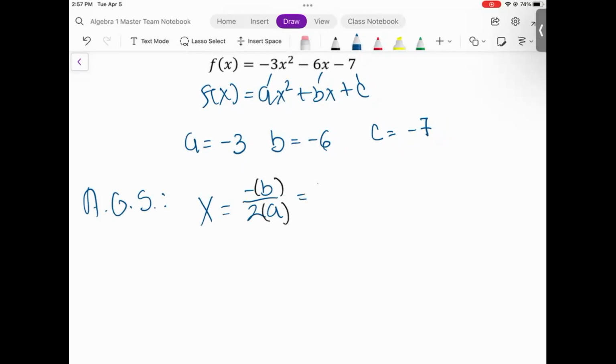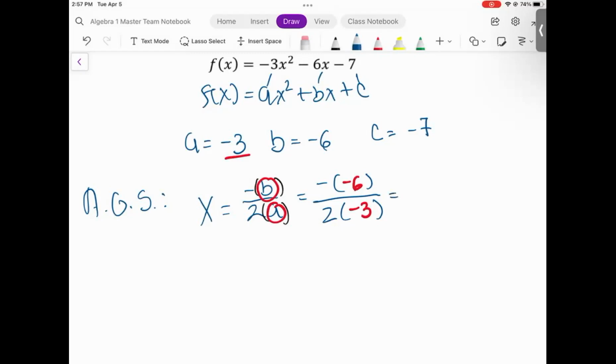So now we're going to have negative parentheses over 2 parentheses. And now all we got to do is plug in b and plug in a. Well, we know b is just -6. And we know a is just -3. And now let's just do the math.